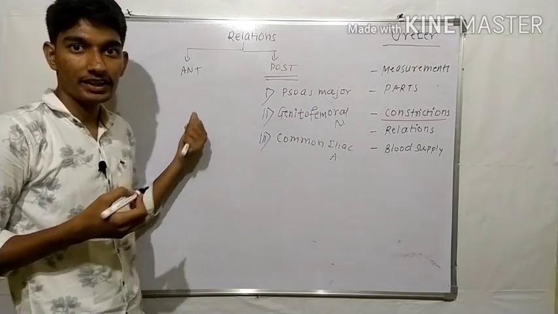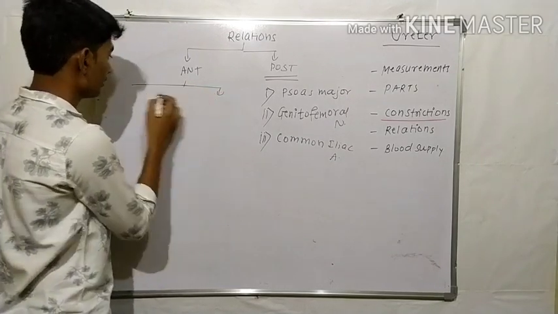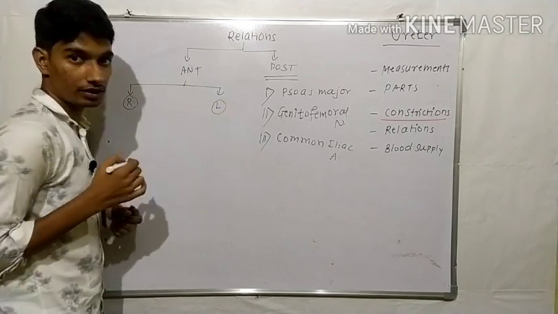Now coming to the anterior relations. The anterior relations of right and left ureter are different.